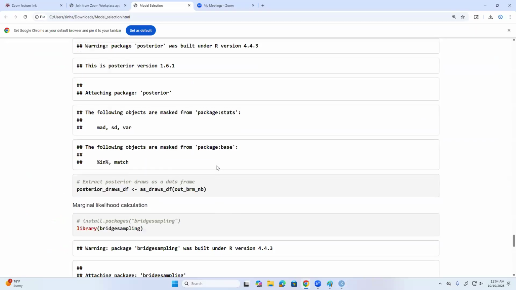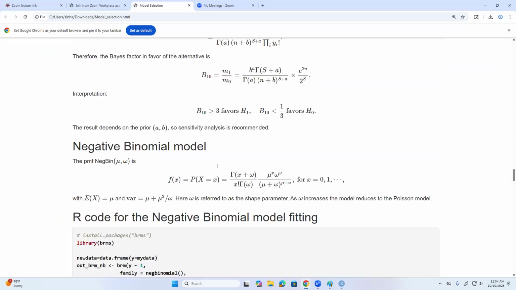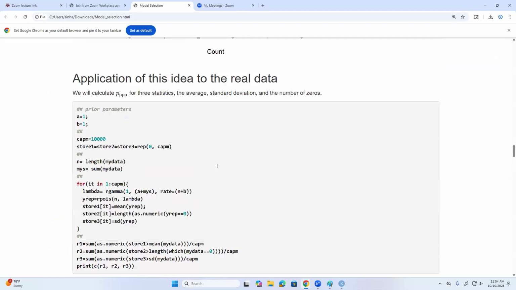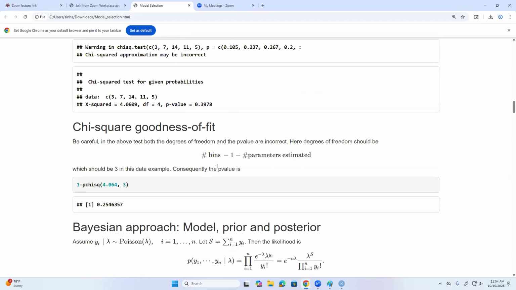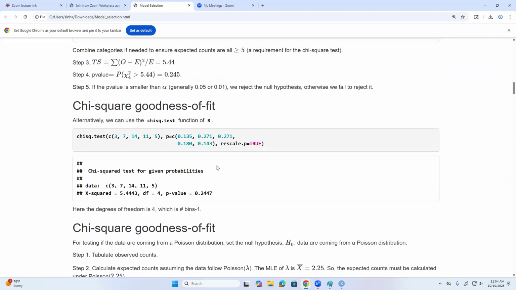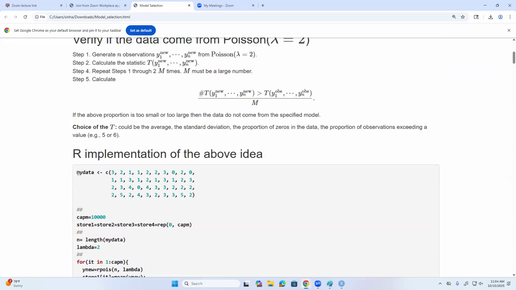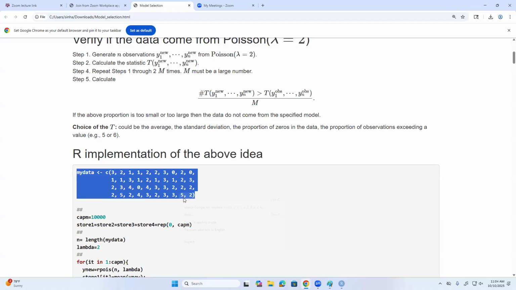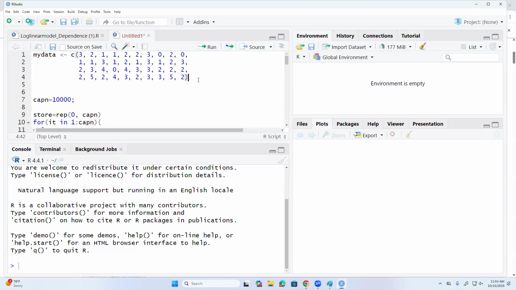So this is our data. Let's copy. This is our data. Okay.